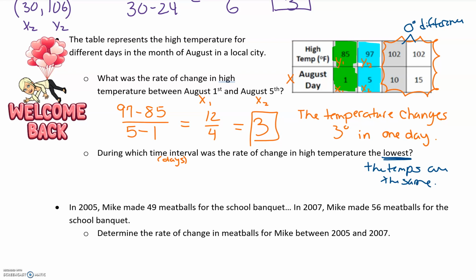So we can either say that it's the interval from 10 less than or equal to X less than or equal to 15, or we can write it as the 10th day and the 15th day. Whichever way you want to write it is just fine.